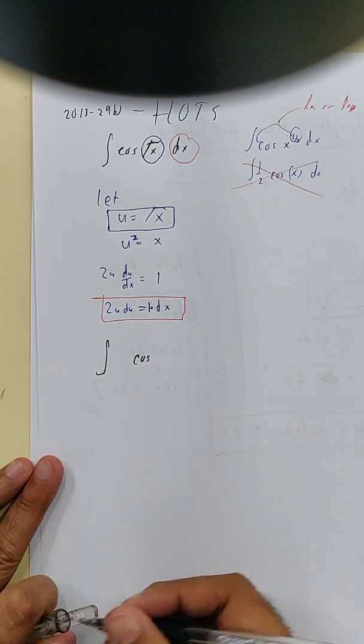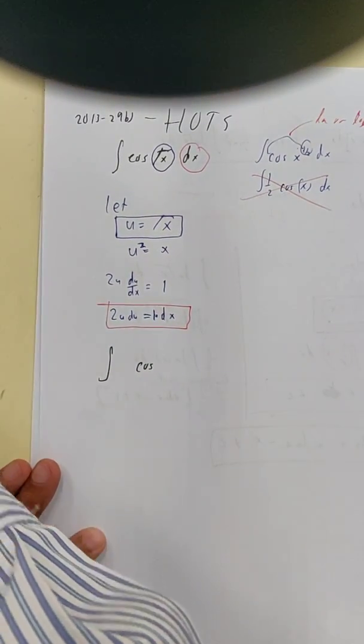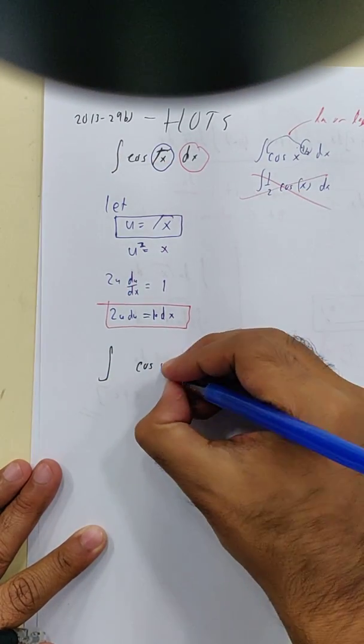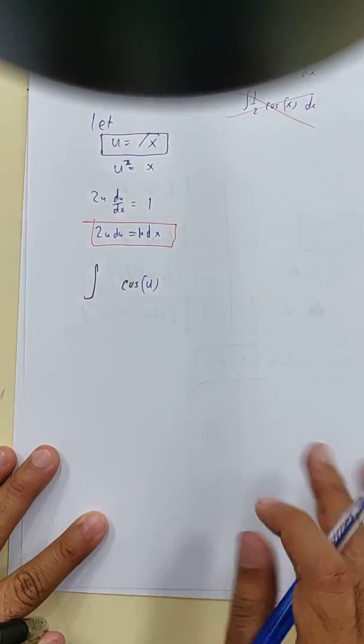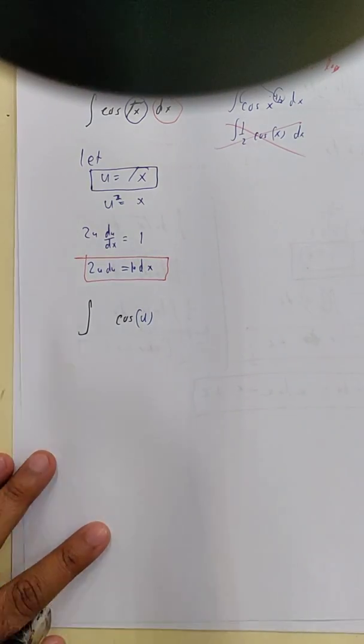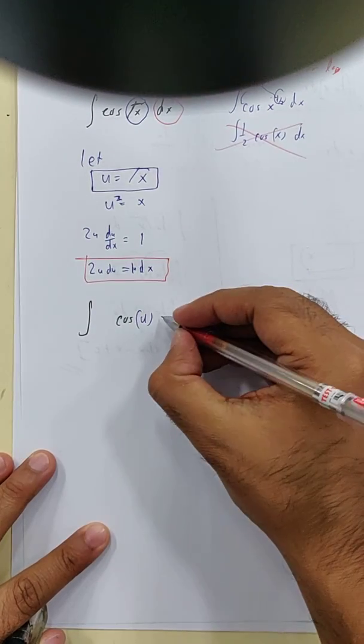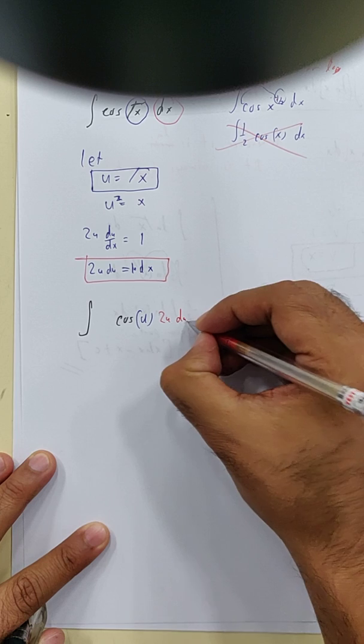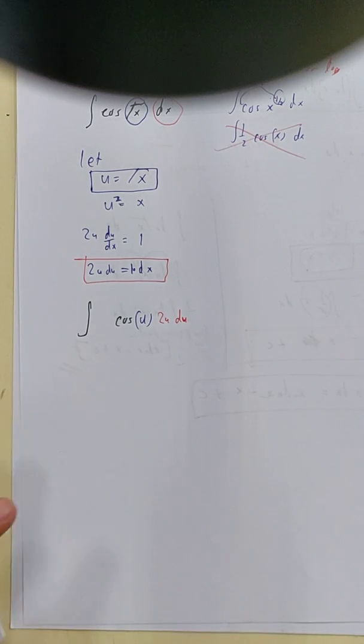Cos what? Cos u. And then, what about the dx? 2u du. And how should we continue from here?